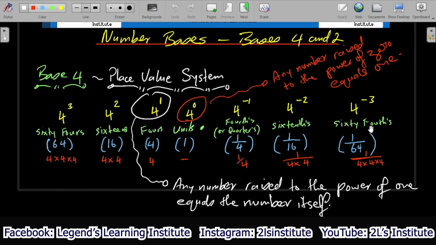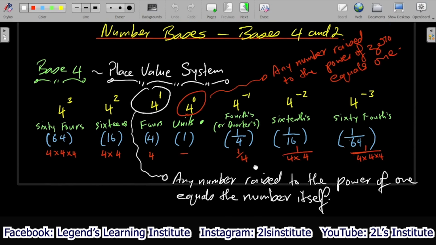And then we have the 64th place, 4 to the power of -3, 1 over 64, or 1 over 4 times 4 times 4. Remember, any number raised to the power of 0 equals 1, and any number raised to the power of 1 equals the number itself.